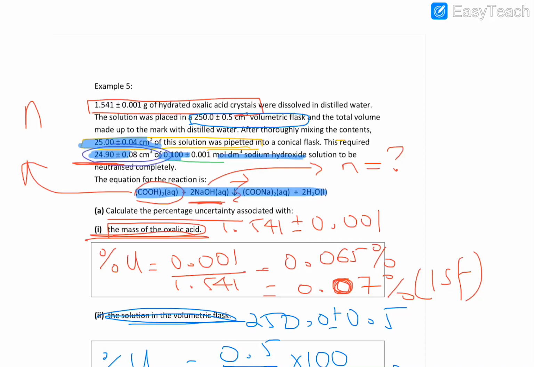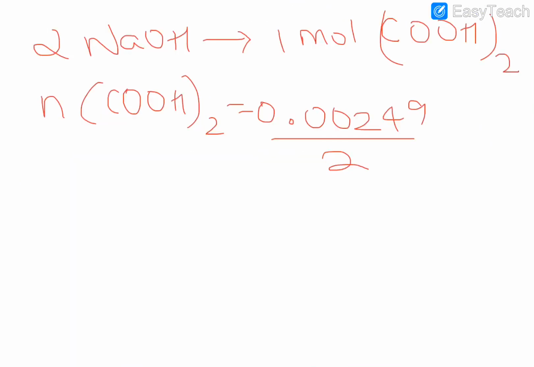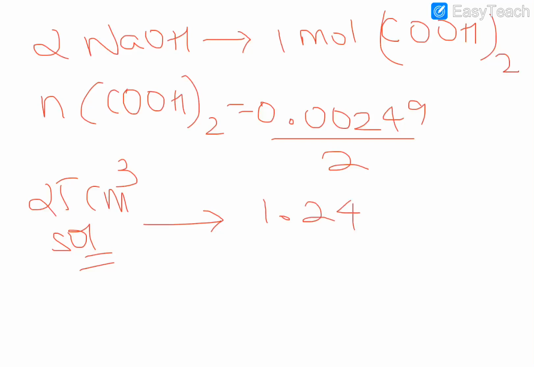Which means that the volume of oxalic acid that was used, so 25 centimeter cube of this solution was oxalic acid, so 25 centimeter cube of solution, this contained 1.245 times 10 to the power minus 3 mole of oxalic acid. I calculated this from there.